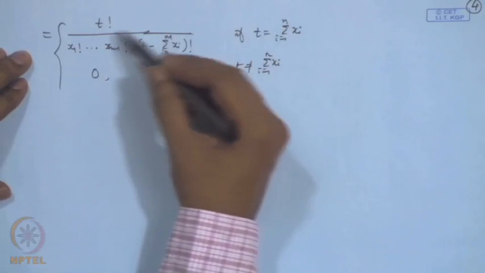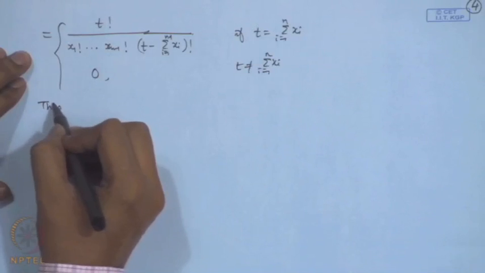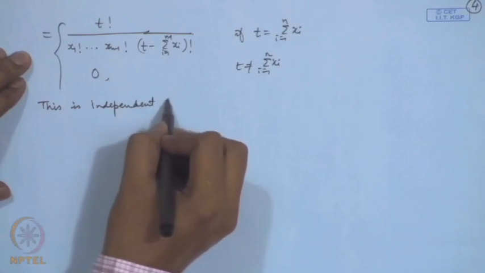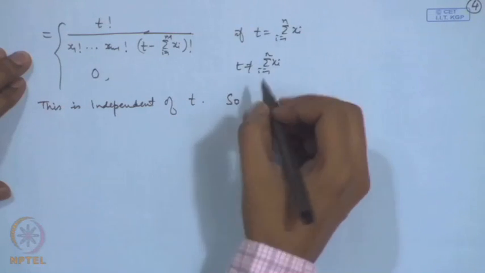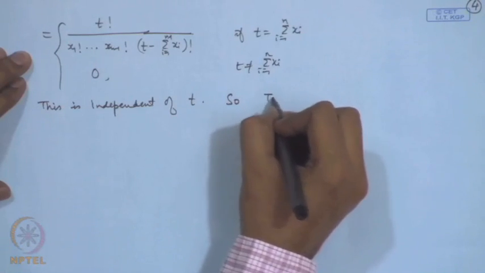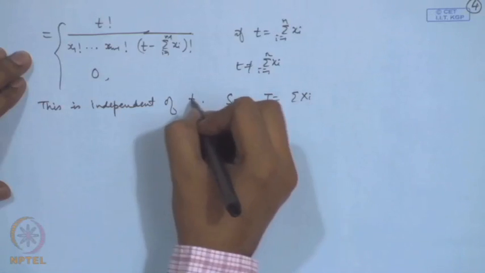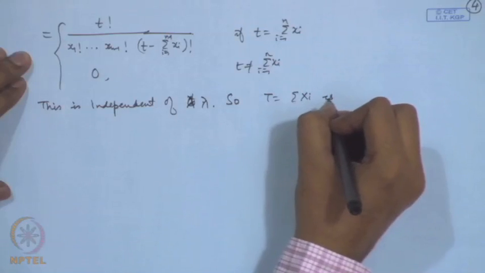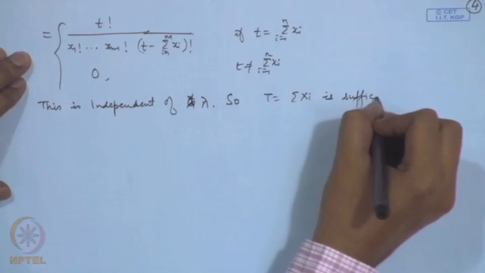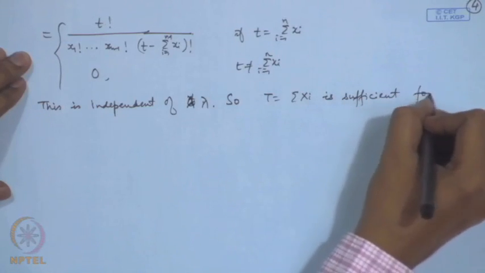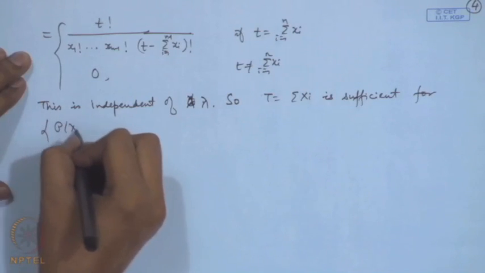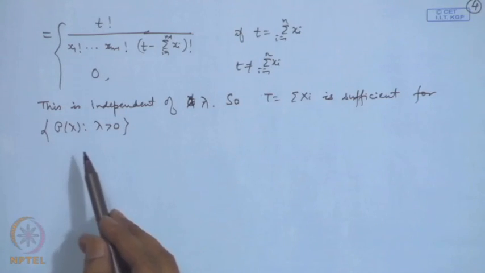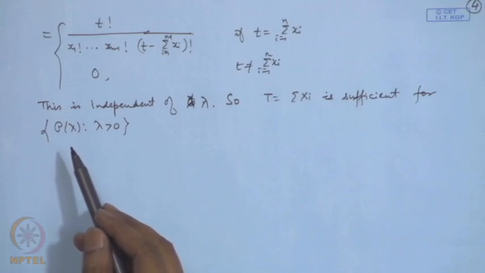Once again you notice here that this is independent of lambda. So, T equal to sigma Xi is sufficient for the family of Poisson distributions. We may also say that sigma Xi is sufficient for the parameter lambda.